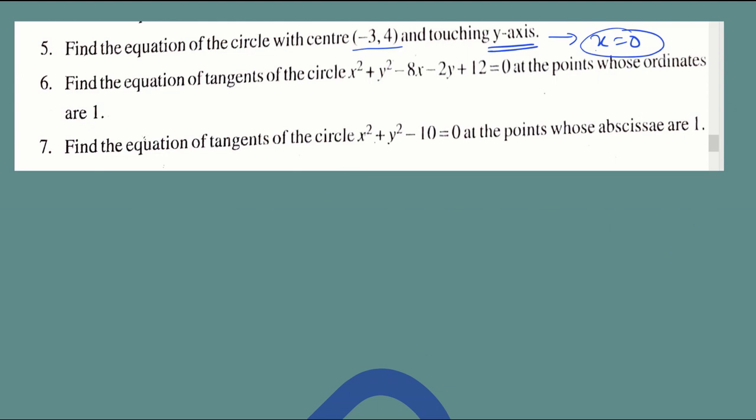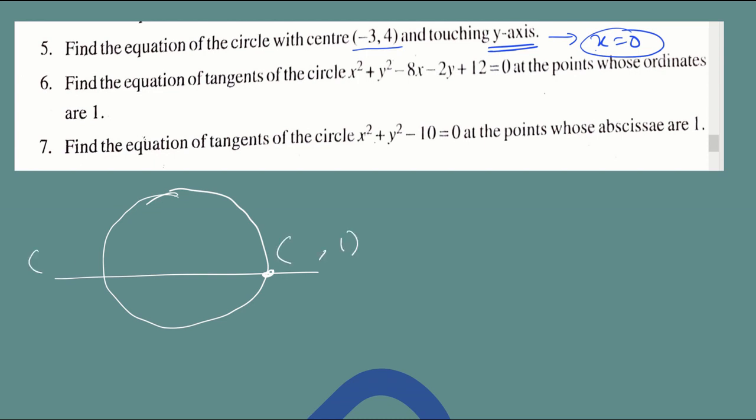Now coming to the sixth problem, observe that he gave us one circle and he said that we have to find tangents at the points whose ordinates are 1. So suppose I have a line here, y is equal to 1. Ordinate means y coordinate only. That means this point 1 here, this point 1 here.